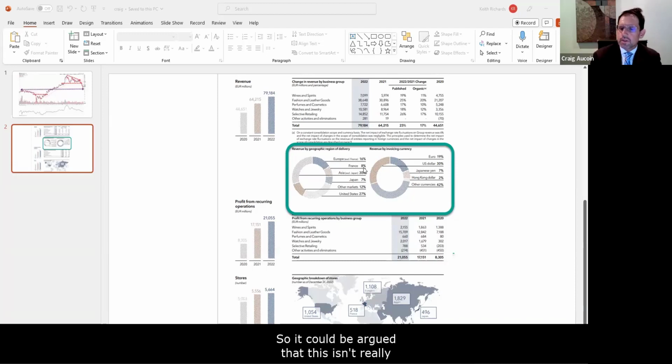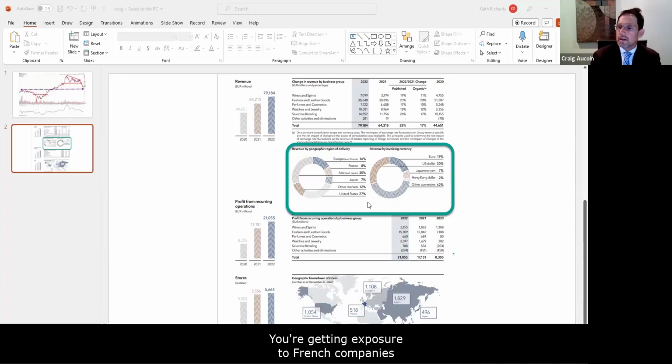So it could be argued that this isn't really exposure to the French economy at all. But when you look at the index, the weighting in Louis Vuitton is 13% of the index, so you would expect that you're getting exposure to France through this ETF. You're really not.